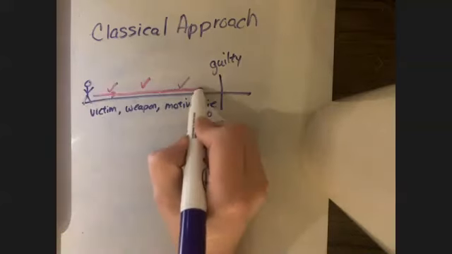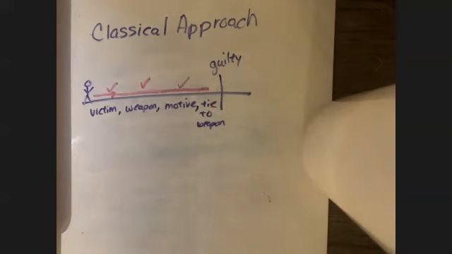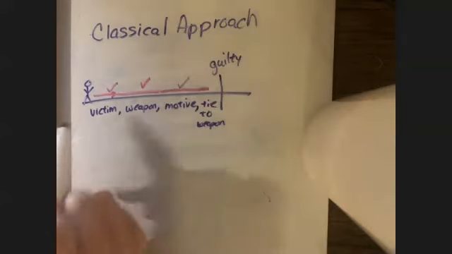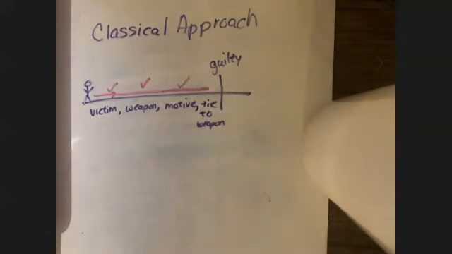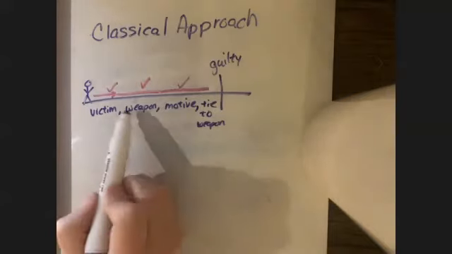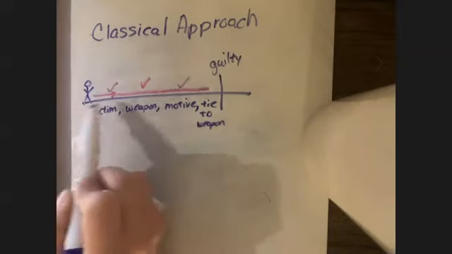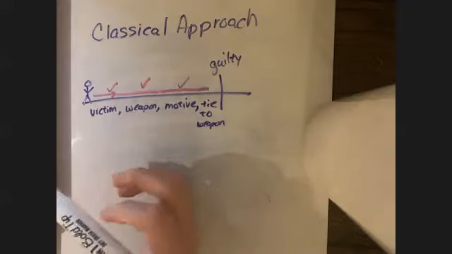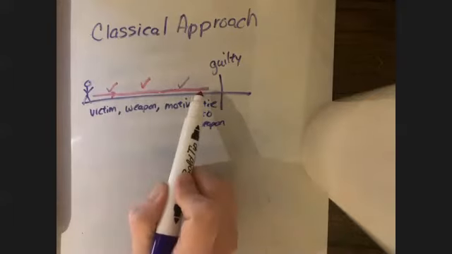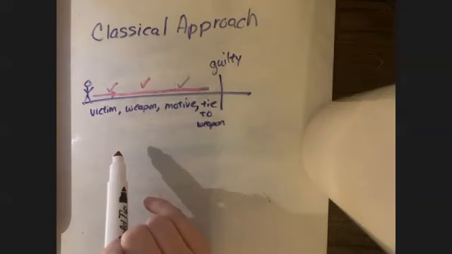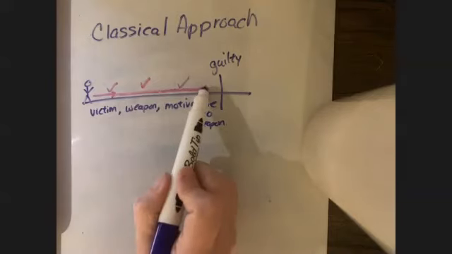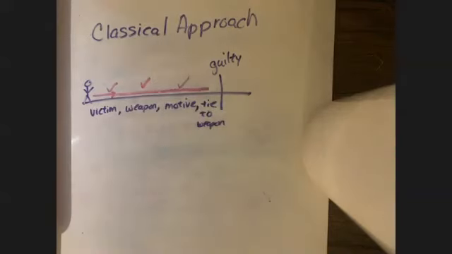Now that certainly moves me a little more, but I don't actually have the tie-in to the weapon yet. So I have to have these four things in order for me to find them guilty. I can't convict them, because I cannot put that knife in that person's hand, whether it was wiped clean or there wasn't any blood or whatever else. So if this is the scenario, I'm going to find them not guilty, because they did not cross over the line into that guilty region.